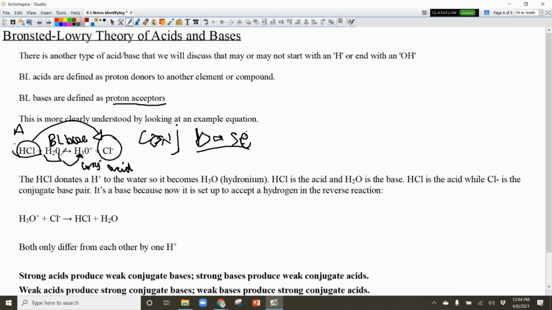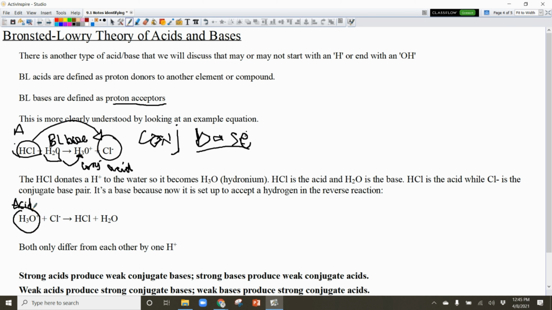Okay. All right. So if we were to look at this the other way, now written this way, H3O is going to donate a proton or donate a hydrogen to the Cl. So this is the donor right here. So this is going to be the acid, Bronsted Lowry acid. Okay.